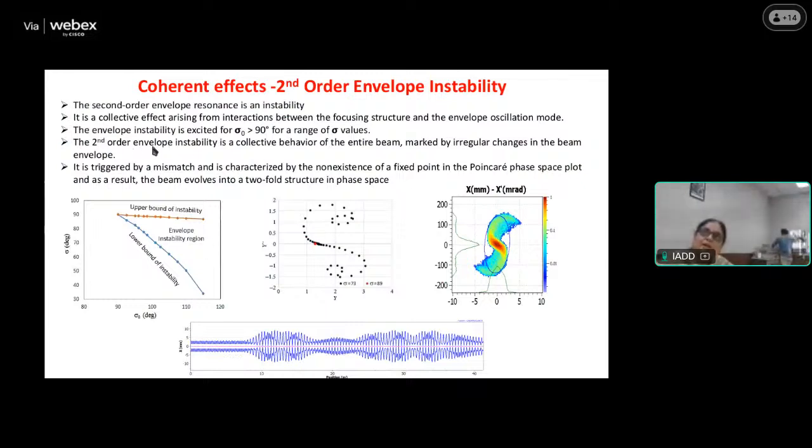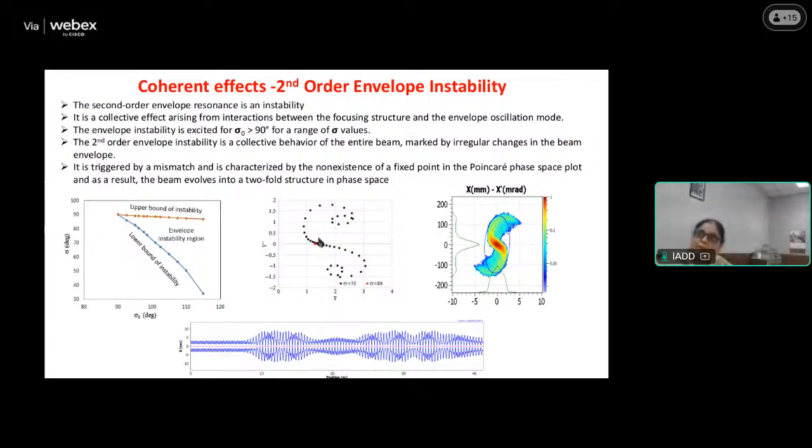So the second order envelope instability is a collective behavior of the entire beam, and it is marked by irregular changes in the beam envelope. If you see the beam envelope, there are irregular changes. This is triggered by a mismatch, and it is also characterized by the non-existence of the fixed point in the Poincare phase space plot.